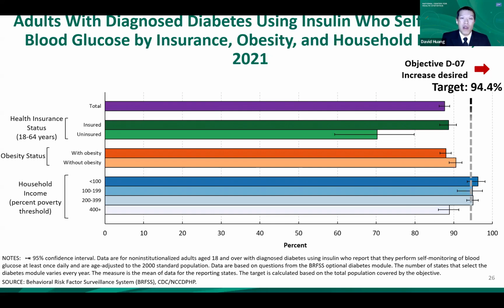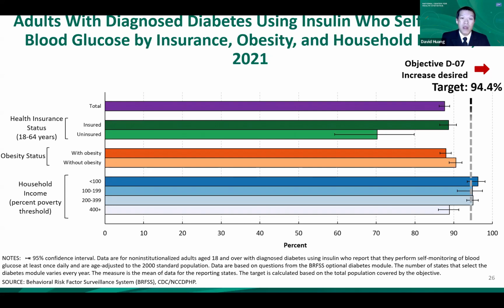This slide shows self-monitoring of blood glucose at least once daily among adults with diagnosed diabetes using insulin by health insurance status, obesity status, and household income in 2021. Among health insurance groups, adults aged 18 to 64 with health insurance had the highest rate, 88.7%, and adults with no health insurance had the lowest rate, 70.3%.